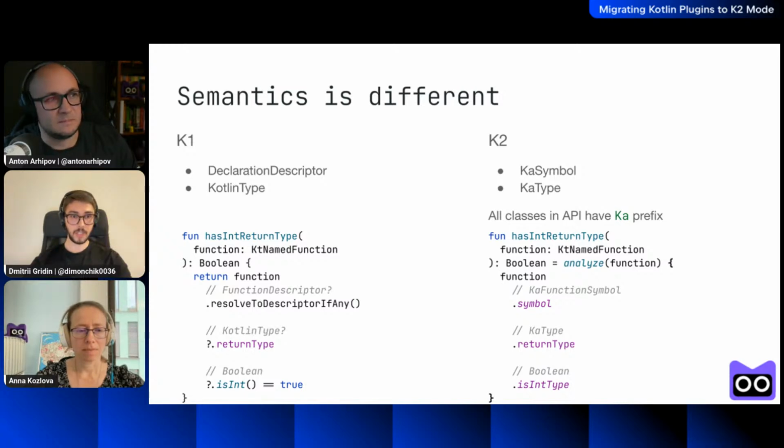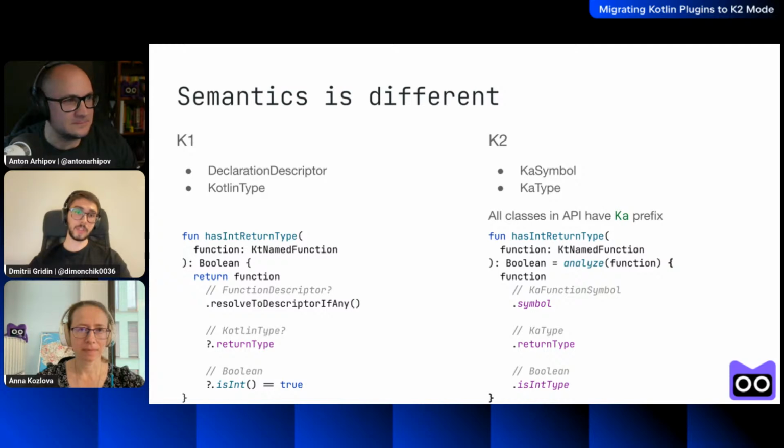For instance, in K1, we may have a function like hasIntReturnType, and it accepts a KtNamedFunction, just a regular function with a name. Here we have a well-known way to jump into the descriptor world, like resolveToDescriptorIfAny.